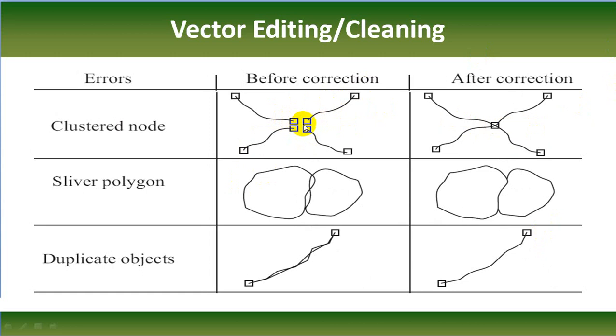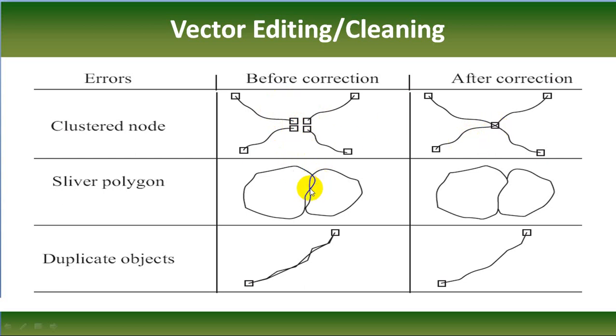They do not meet at a common location. They are in a clustered way. So that will be considered a clustered node error. So GIS software will choose those four vertices and meet them at a common location. In this way we remove the clustered node.